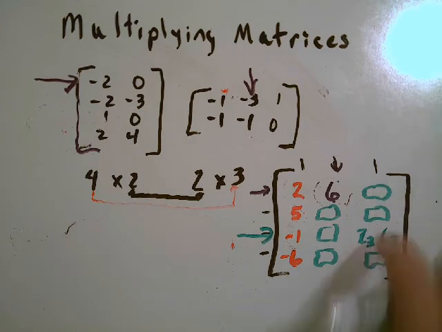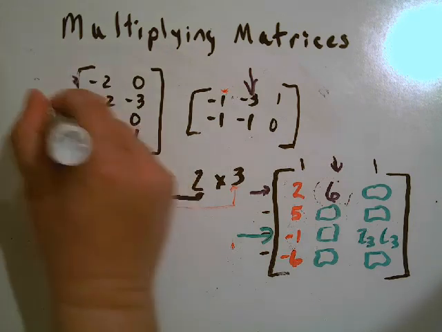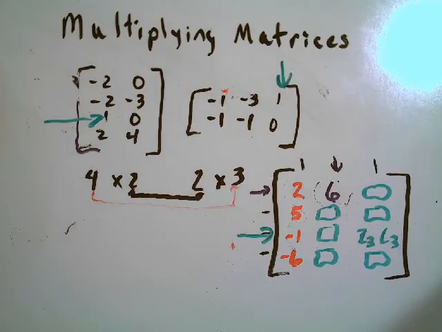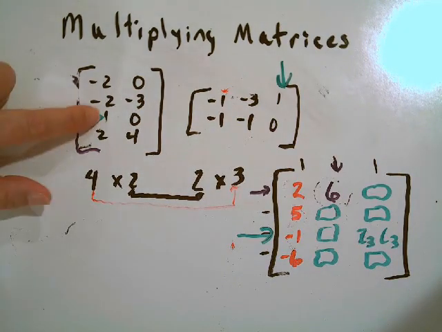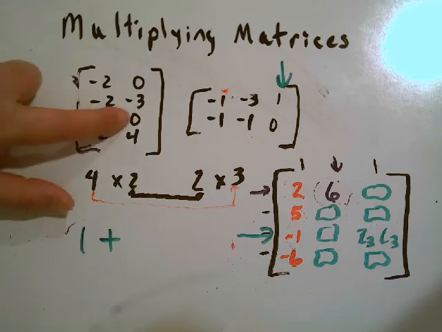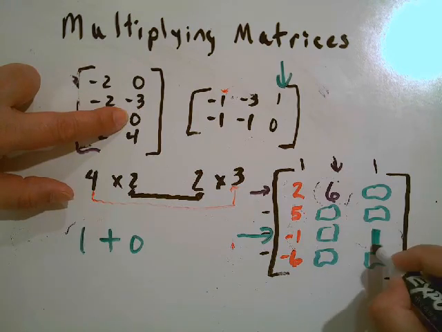So to find the number that goes in row 3, column 3, I'm going to use row 3 and column 3 to grab my numbers. So 1 times 1 is 1, and 0 times 0 is 0. So 1 plus 0 is 1.